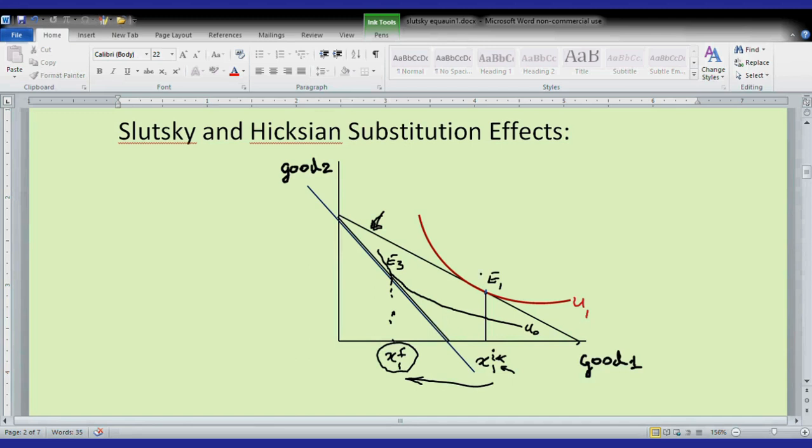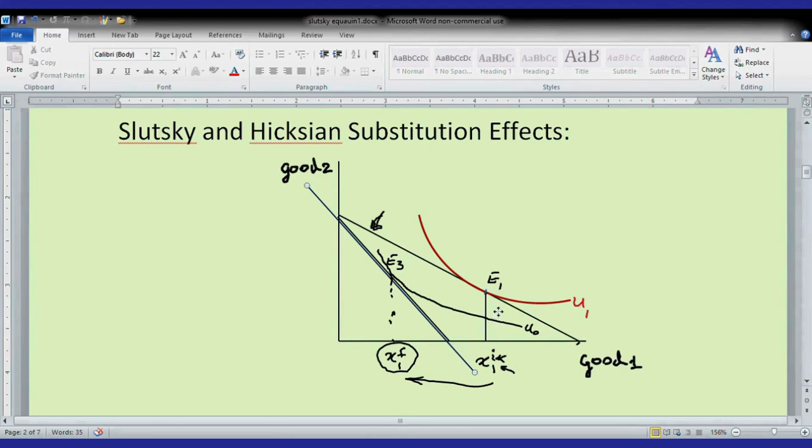we need to give some compensation to the individual, and this compensation should be of the nature that after compensation the household is just able to consume the previous consumption bundle. We are trying to make sure through the compensation that the household is able to attain the purchasing power that was lost.